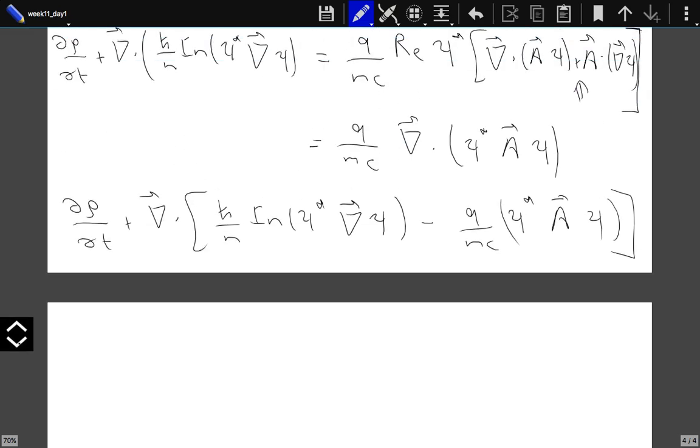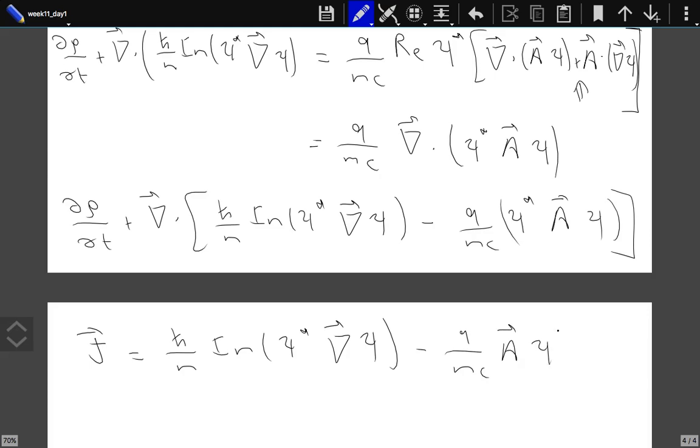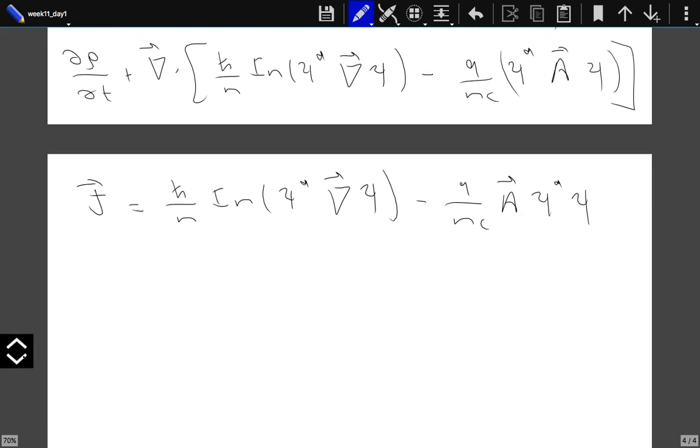So what we see is the current density, the probability current, we should identify with h bar over m imaginary part of psi star gradient psi, minus q over mc A psi star psi. This is our probability current. Before, without the vector potential, we only had the first term.